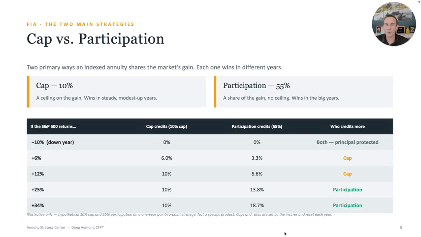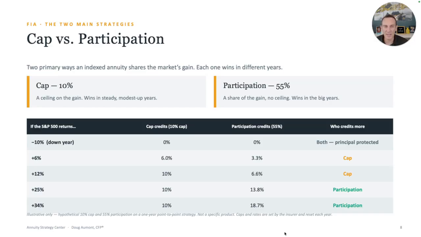In our example, we're going to use a cap rate of 10%, and we'll use a participation rate of 55%. I have found that when you look at the actual numbers, it helps to clarify the concept. So in this first example, the S&P 500 has a down year. It's down 10%. And as we know, these are fixed index annuities that protect your principal from market loss.